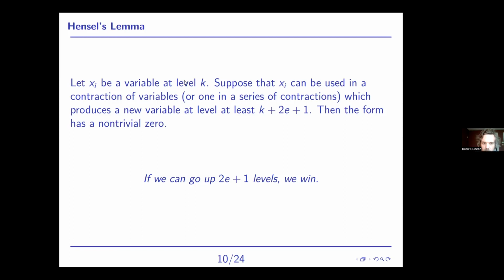If we can perform a contraction or a series of contractions with a variable starting at some level, let's say k, and produce a new variable at some level k plus 2e plus 1, then the form has a non-trivial 0. I've stated this pithily down here: if we can go up 2e plus 1 levels, we win. Thinking of this kind of like a game, if we can perform contractions that allow us to go up 2e plus 1 levels, then we're done. We have the existence of a non-trivial 0. Okay.